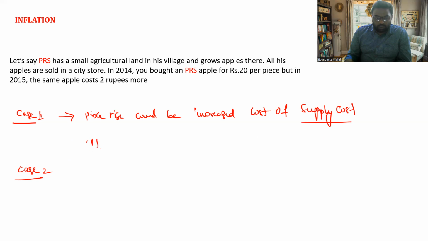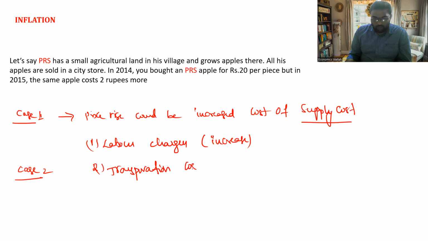Supply cost may be labor charges. If there are any increasing labor charges, the production house obviously will pass them on to the customers. The second one is transportation cost, especially in rural areas; transportation cost is also high.